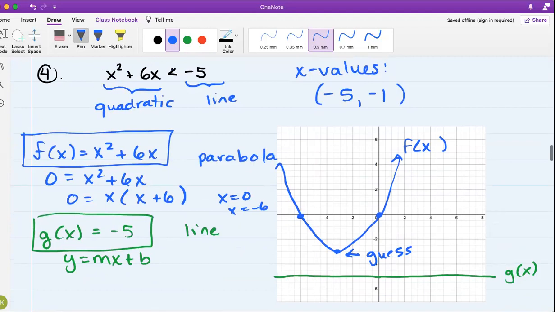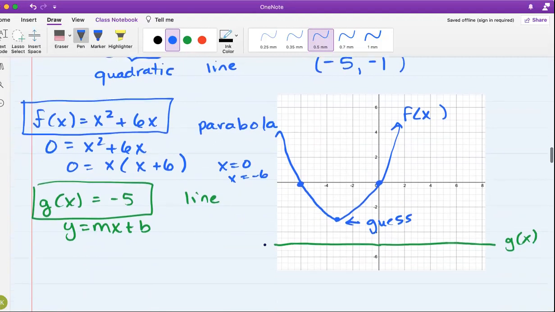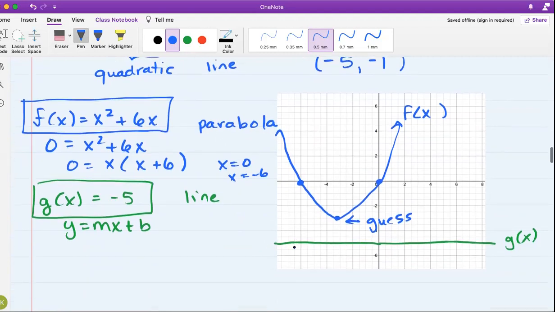When is this function less than this line here? So here's the line, and you're going to try to figure out when this parabola is below it. But if I don't know if the vertex is above or below, I can't solve this problem. So I need to figure out the actual vertex, where it's located. So let's see if we can do that.